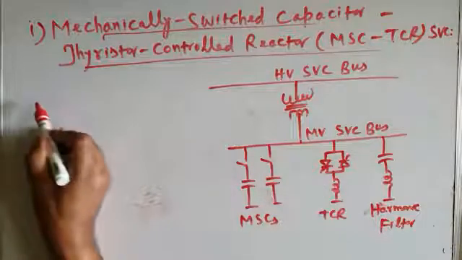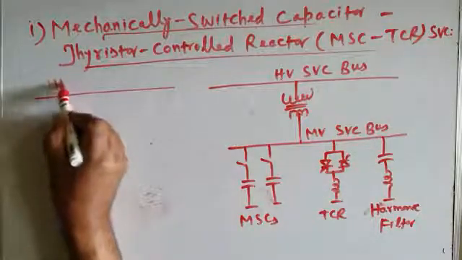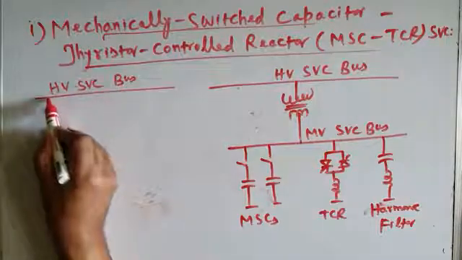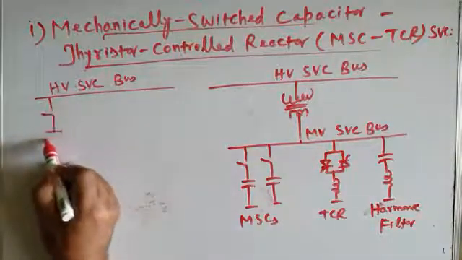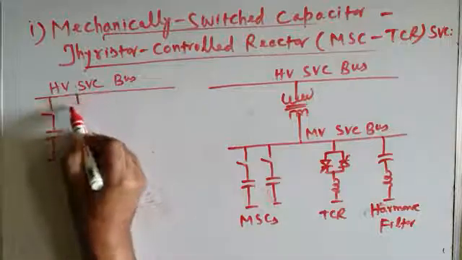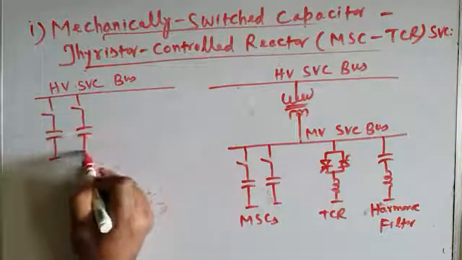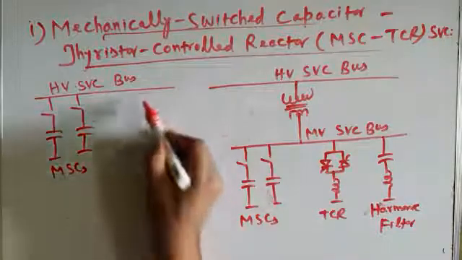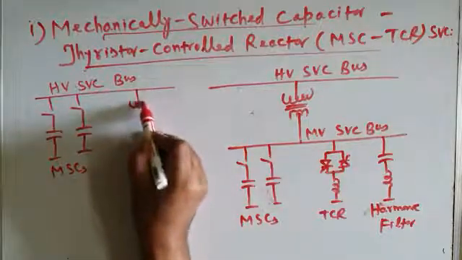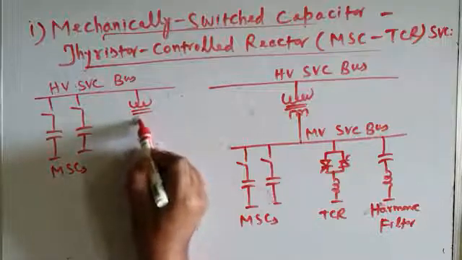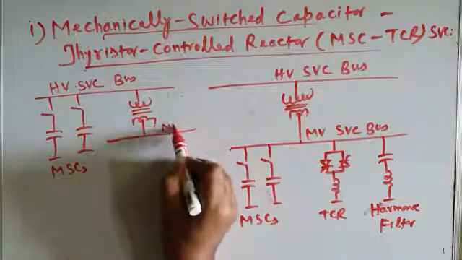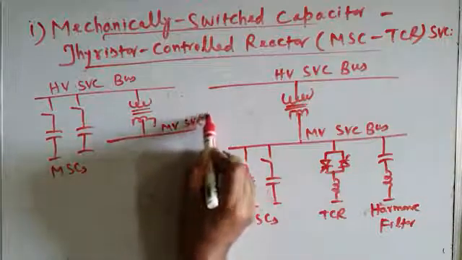Another configuration may be like this. Again, this is our high voltage SVC bus. And then these are the mechanically switched capacitors, MSCs, which are directly connected to the high voltage bus. And then the medium voltage bus is created like this. This is the medium voltage bus, the MV SVC bus.